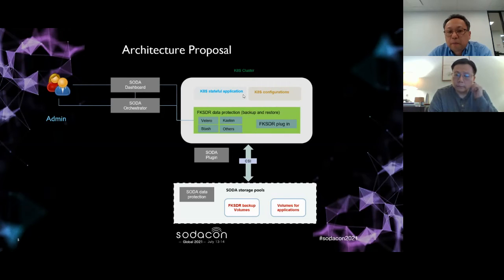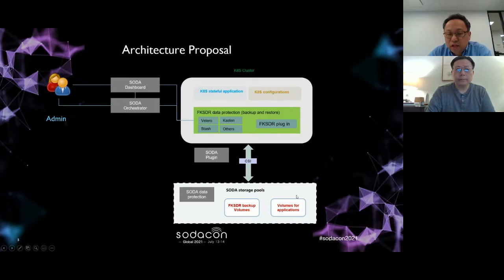And we want to abstract this concept into two things. In the Kubernetes cluster, we want to abstract data protection inside of Kubernetes to back up and restore the Kubernetes application with its configurations.